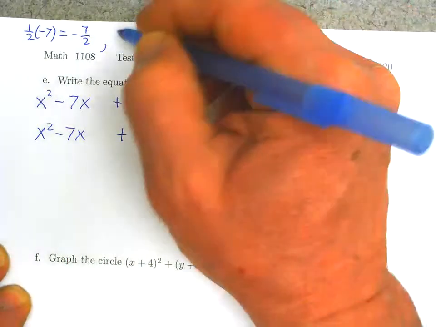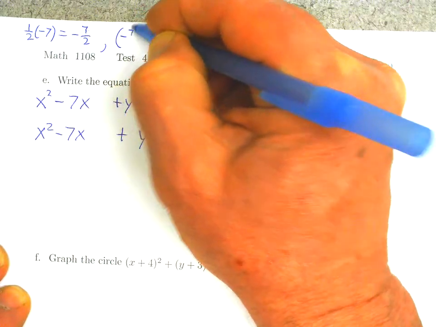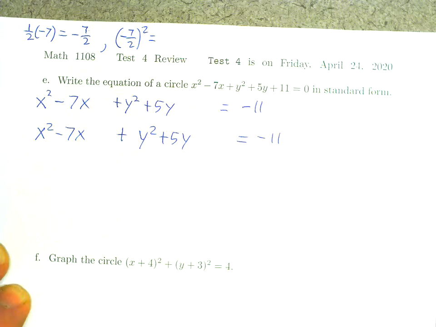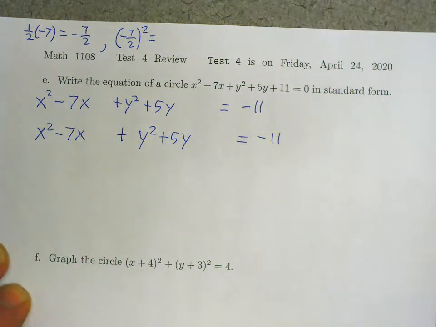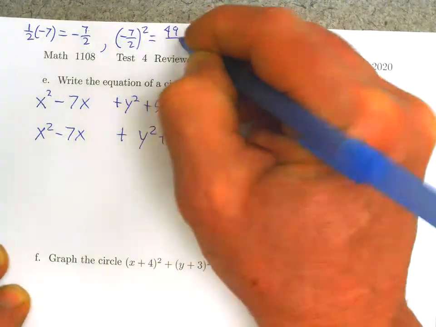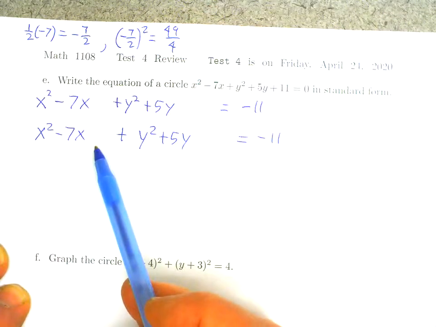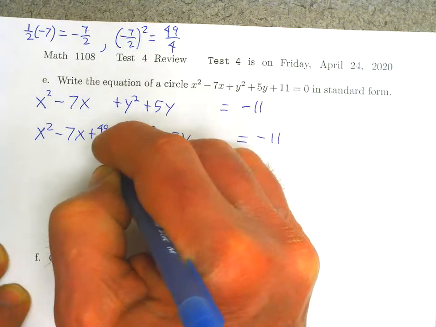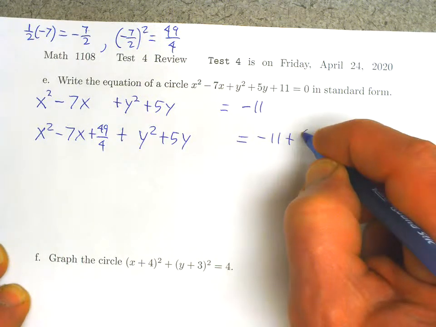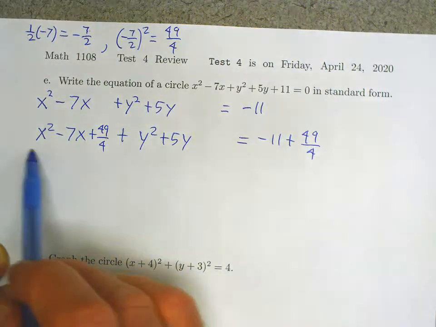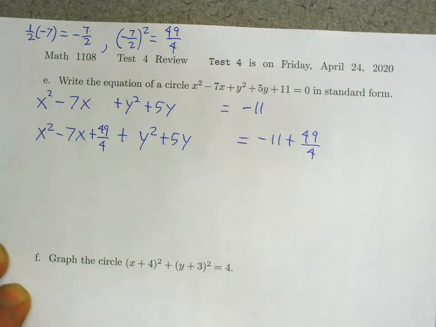And then we're going to square that number. The number -7/2 squared is positive 49/4. So that's the number that we're going to add to both sides of the equation, 49/4. And now we have a perfect square trinomial.